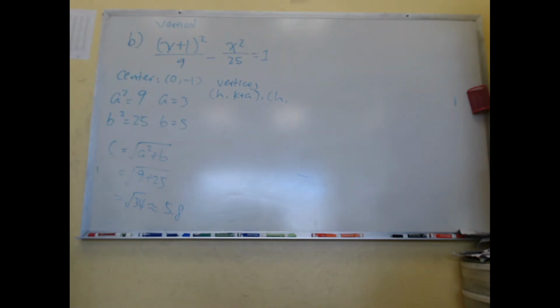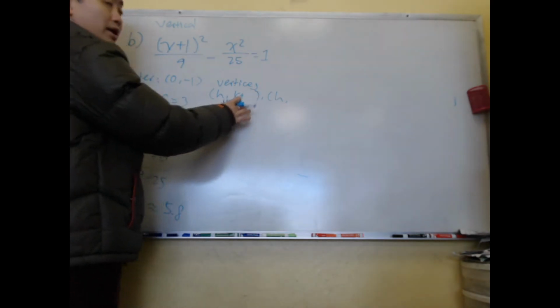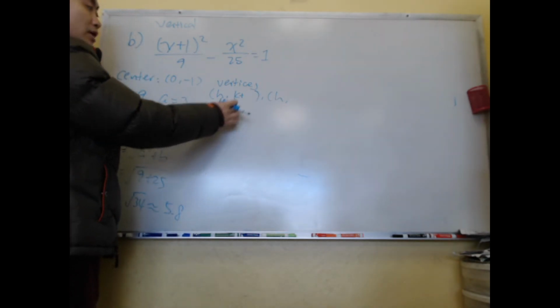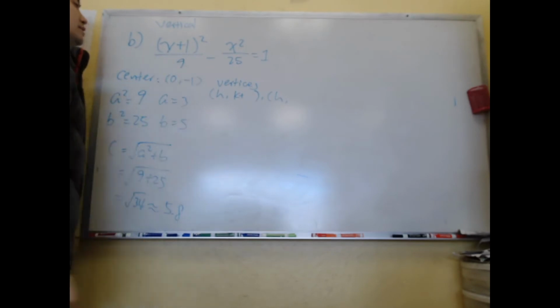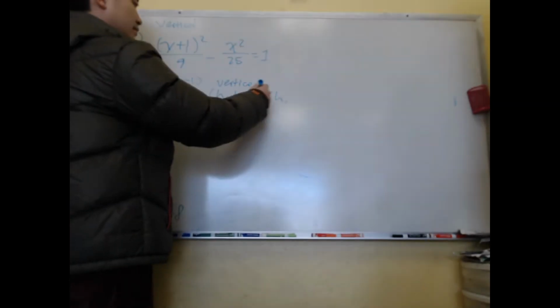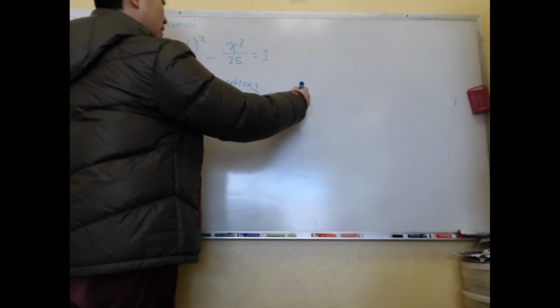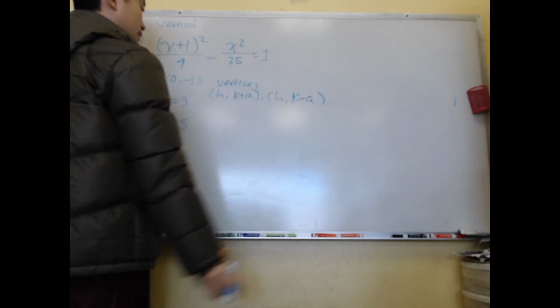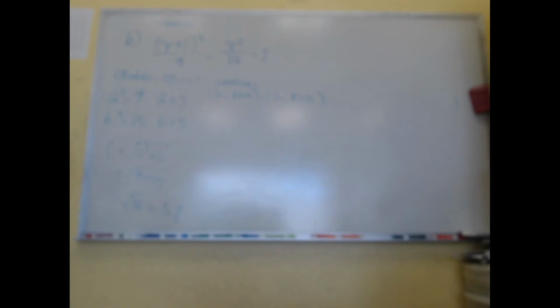This one is vertical, so instead of using a, we're using b, right? Well, let's see, hold on a second. No, that's right. I was thinking about ellipse. Yeah, that's right. It's always a.